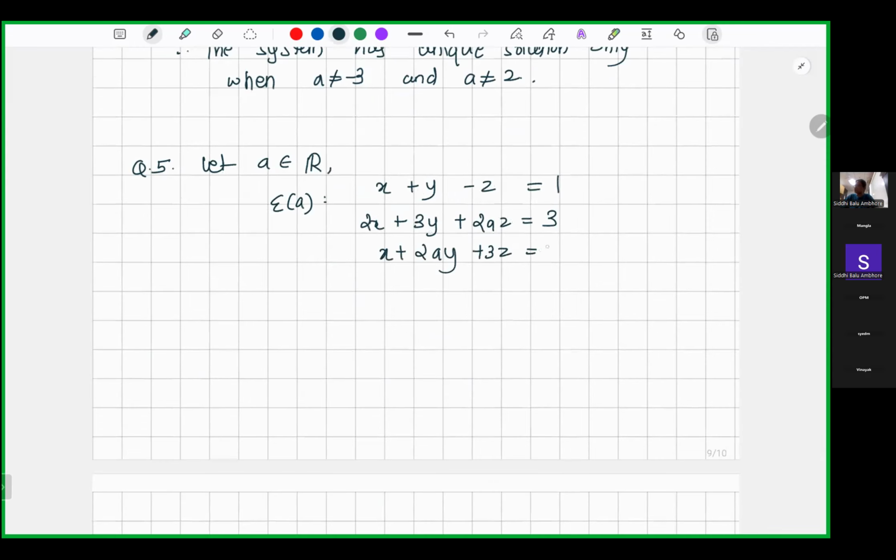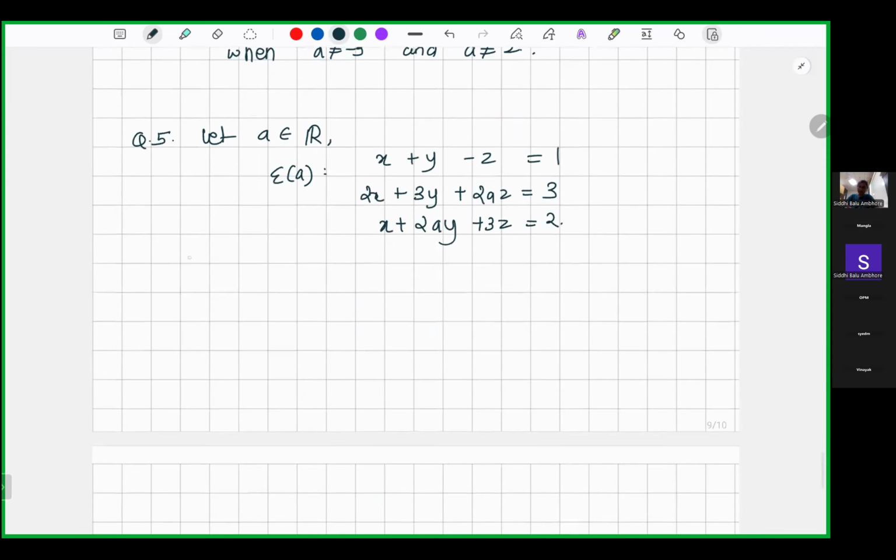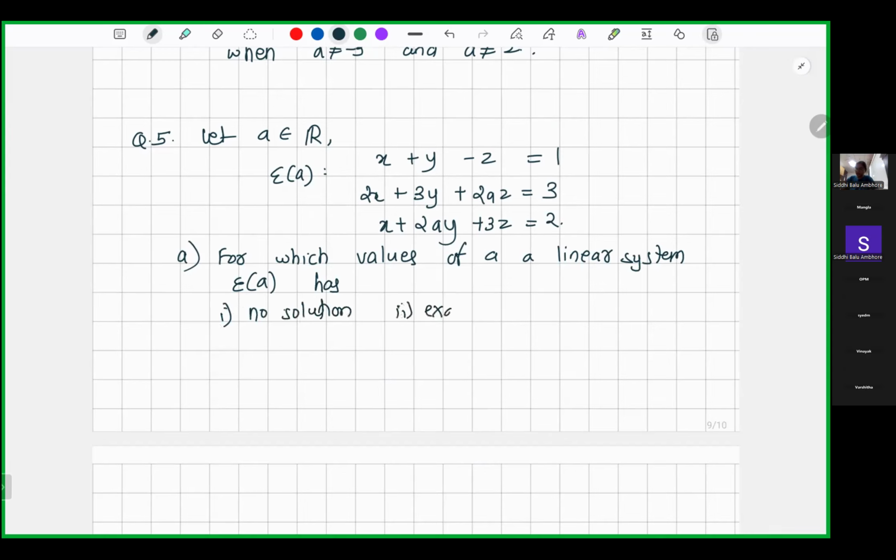2ay plus 3z is 2. And again, the question is for which values of A the linear system, this L epsilon A, because the system depends on A, has first no solution, second exactly one solution in R3.